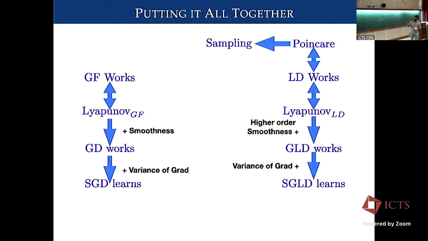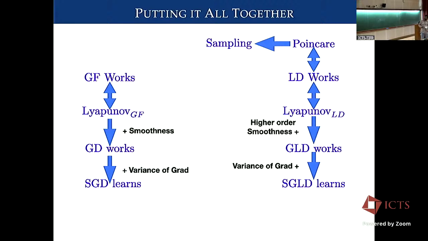Similarly, on the stochastic side, Poincare holds if and only if such a Lyapunov potential holds. And if that happens, Langevin dynamics works. All of these are equivalent. And with higher order smoothness, you can get that gradient Langevin dynamics works. And with variance on gradients being bounded, you also know that SGLD as a learning algorithm works.